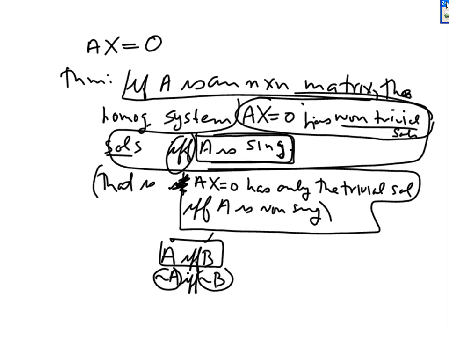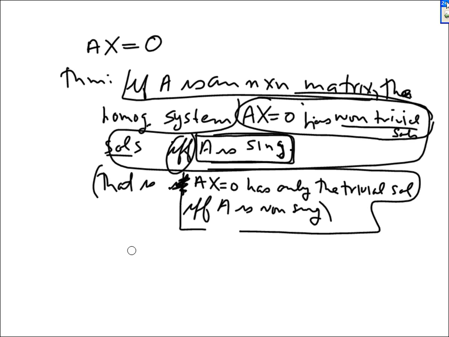Okay. Now, I'll prove one direction. If I see the other direction fairly easily, I'll prove that as well. But let's suppose A is non-singular. Proof in that direction. Suppose A is non-singular, which implies A inverse exists. That is what it implies.